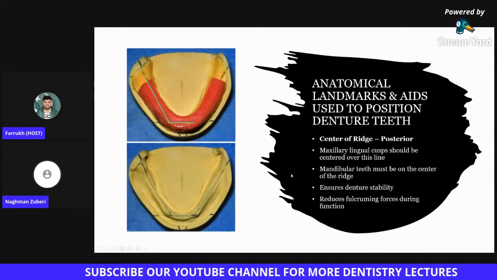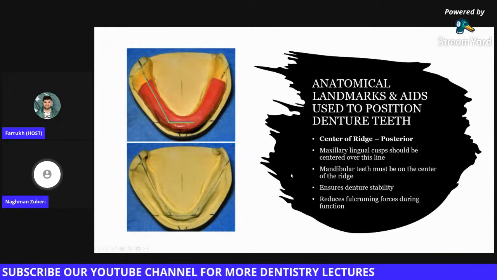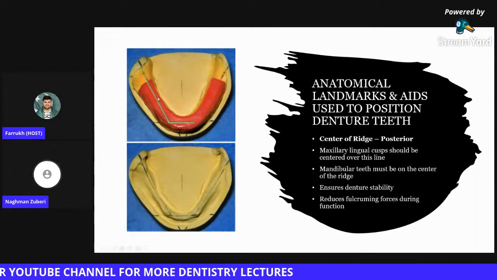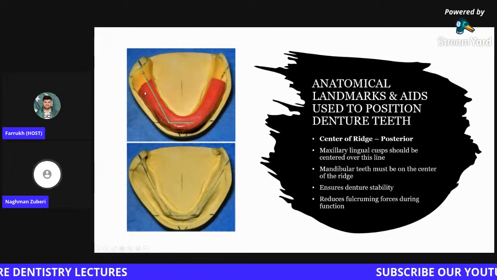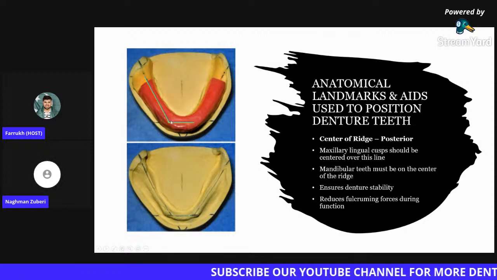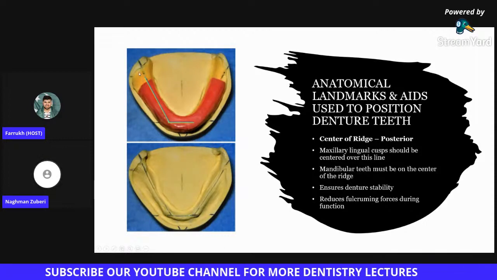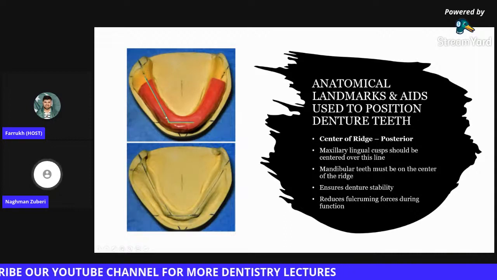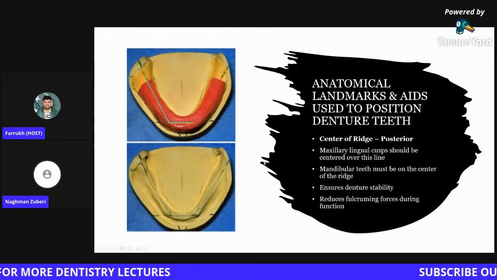Some authors and some forums say that mandibular teeth should be towards the buccal shelf area or towards the lingual area. That is not true. According to Zarb, according to some of the authenticated authorities, they should be centered on the center of the ridge.